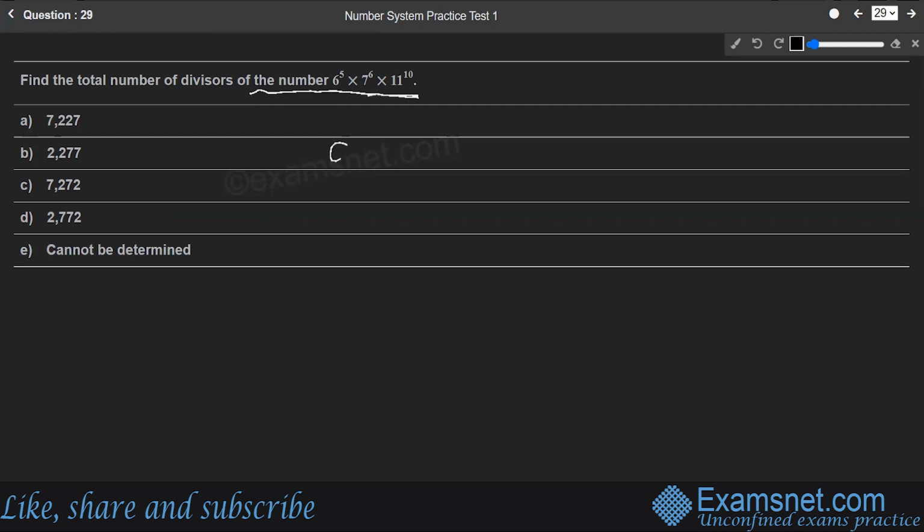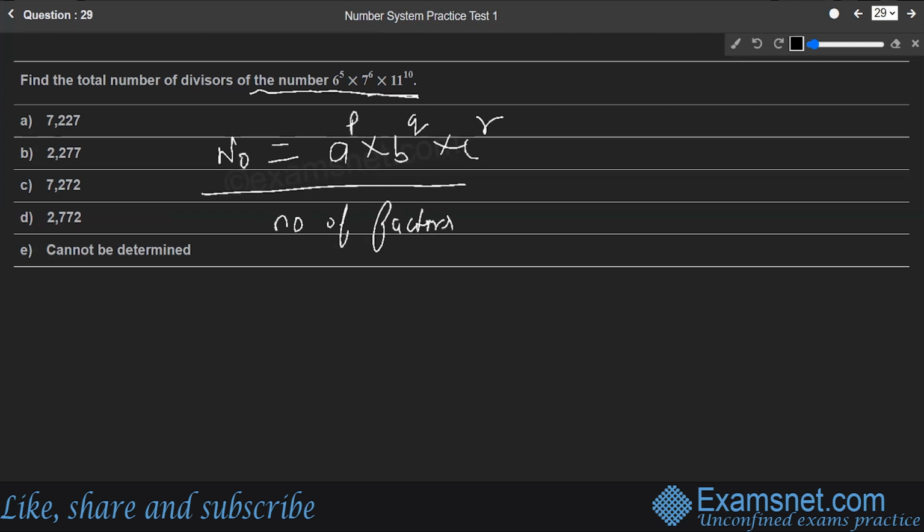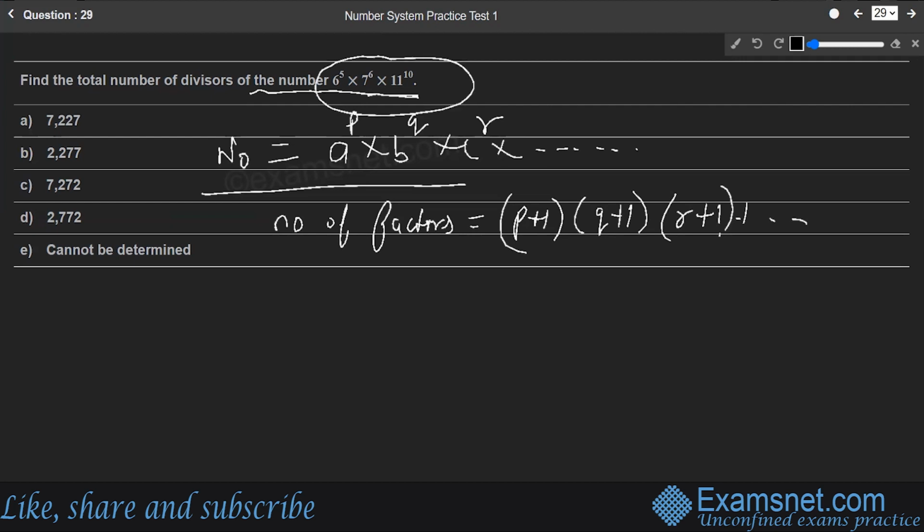For any number that has prime factors as a to the power p into b to the power q into c to the power r, if any number can be distributed into its prime factors like this, then the total number of factors of such number is p plus 1 multiplied by q plus 1 multiplied by r plus 1, and so on, as many as you can break it down into. So we are just supposed to break this expression into the basic prime factors and their powers.